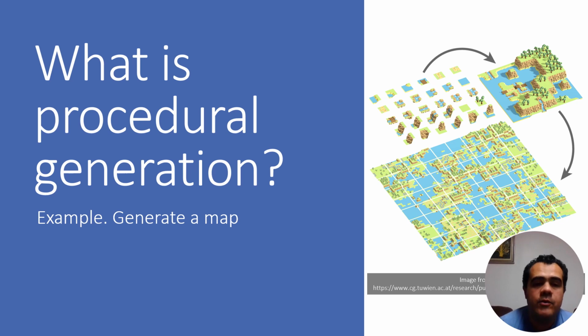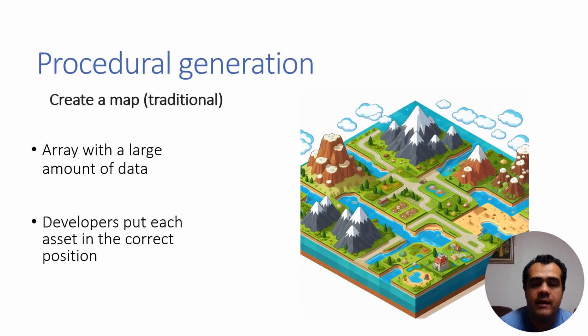Let's review another quick example of how we can create a map, let's say like Minecraft. In a traditional way, we create a map by putting in every asset, every tree, every mountain, every river, every house, every character. We set the position exactly in the map, like the X, Y, and Z position, exactly where we want.